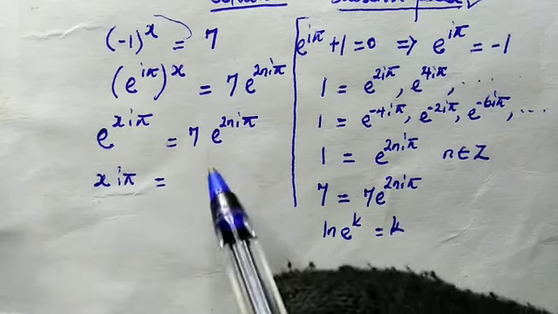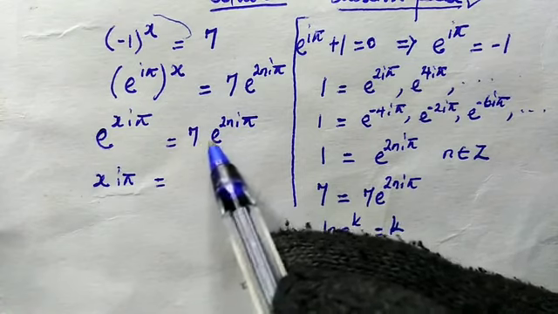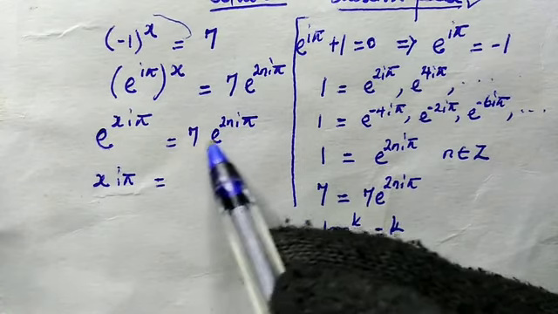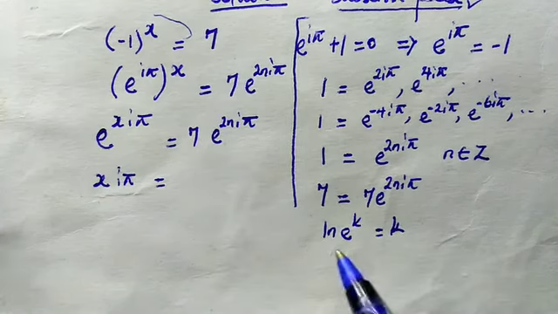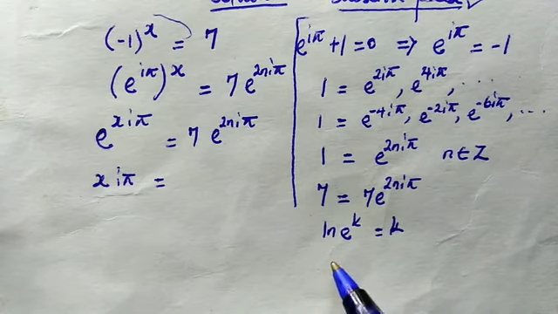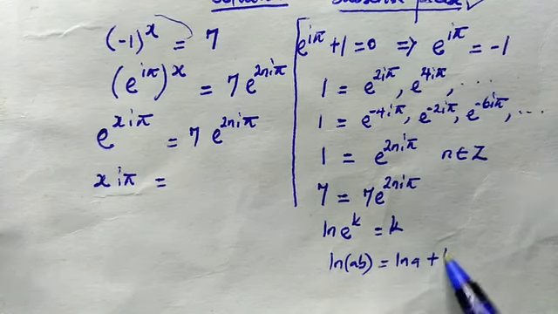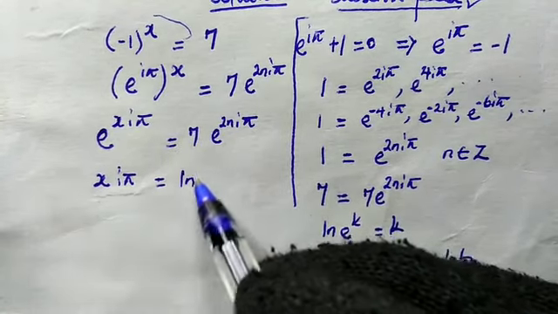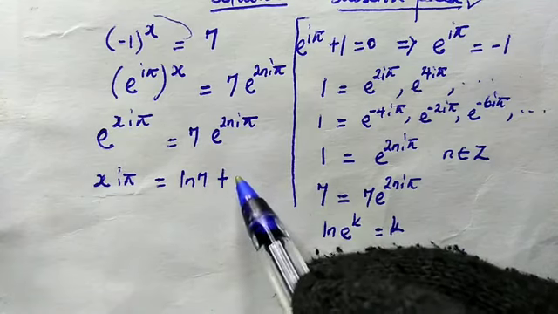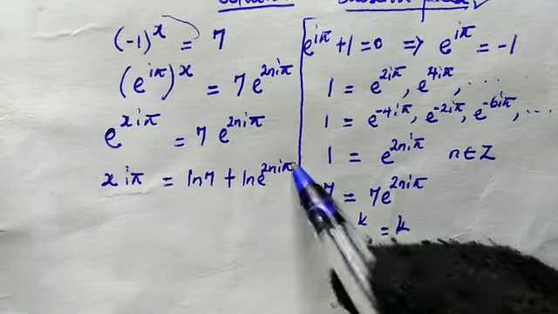Then this is equal to, here, the natural log of two quantities or numbers or variables multiplying each other. We are going to make use of the addition property, right? The natural log of ab is equal to the natural log of a plus the natural log of b. So from here, this is equal to the natural log of 7 plus the natural log of e to the power of 2n i pi.